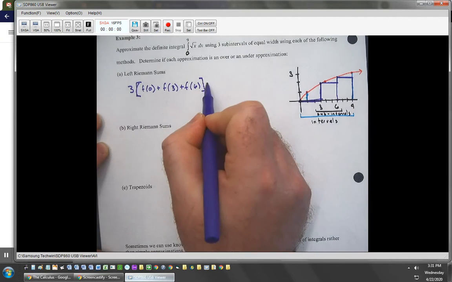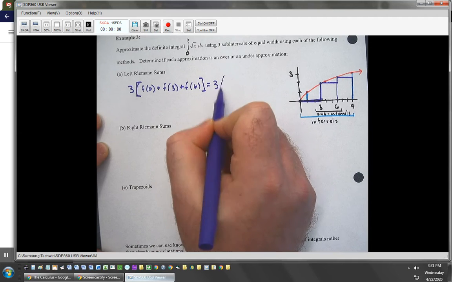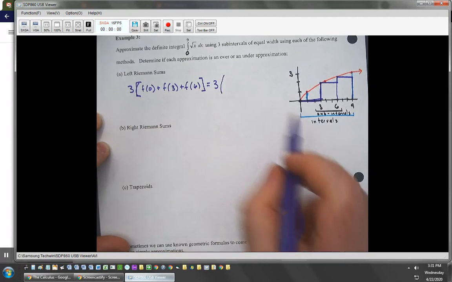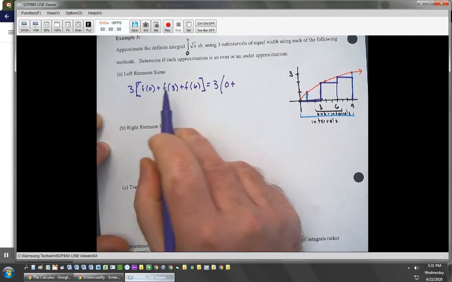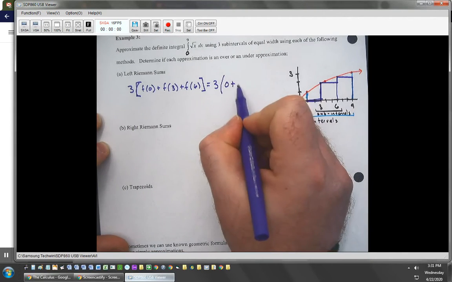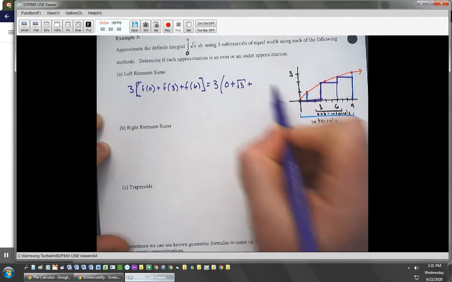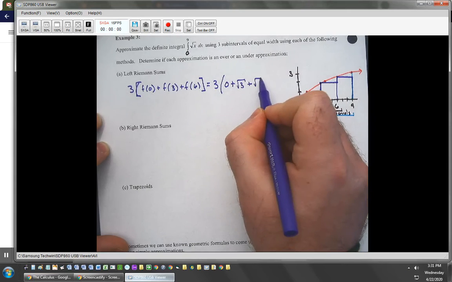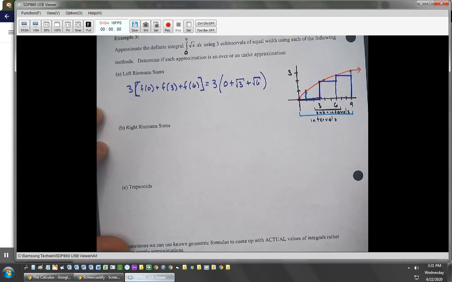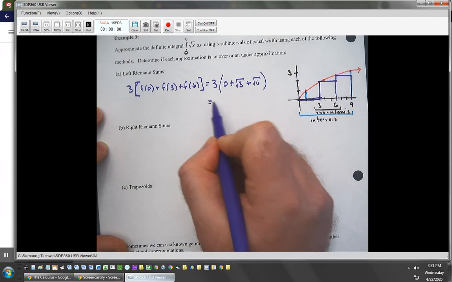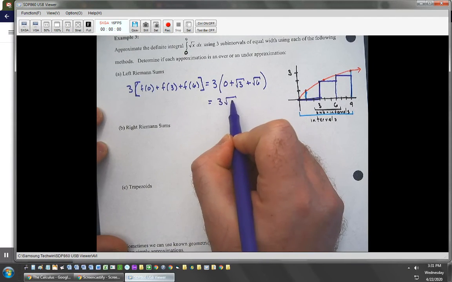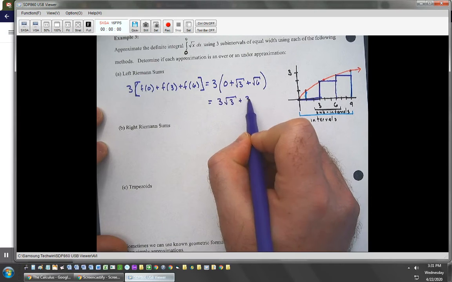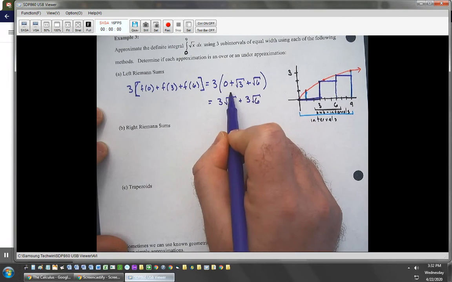Now we can actually evaluate these. f of 0 is 0, plus f of 3 is root 3. Gross. 6 would be root 6. We can't clean this up either at all. So this would be 3 roots of 3 plus 3 roots of 6.